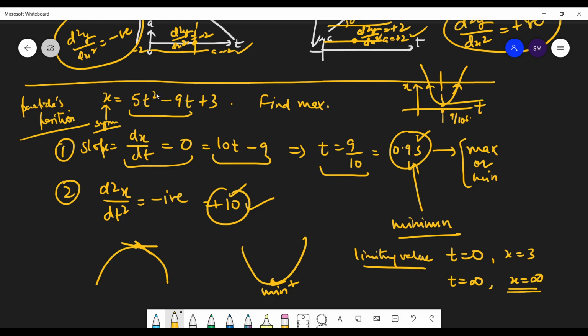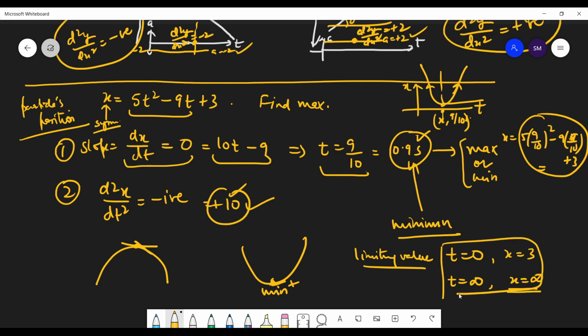You can find the value of the minimum by putting x equals 5 into (9 by 10) square minus 9 into 9 by 10 plus 3. The value of x you get from here, together with 9 by 10, will be the coordinates of the minima. Is this clear, students? So that's about maxima and minima.